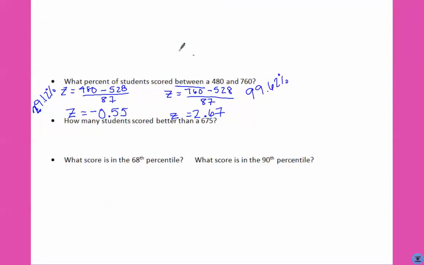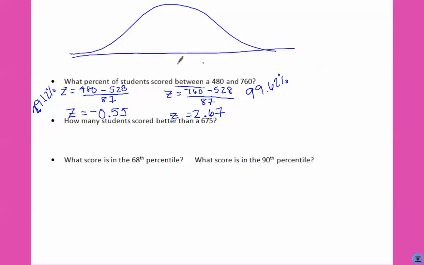Now, what this is, wherever they fall in here, down here is 480 and down here is 760. For 480, this percent that we got here is saying down here is 29.12%. This is saying from here down is 99.62%. How could I figure out just what's in here?